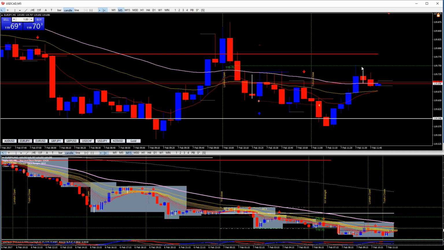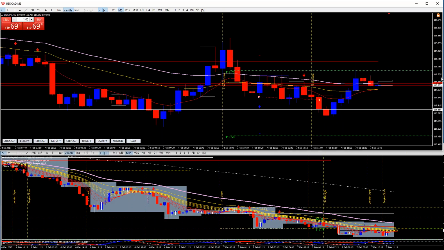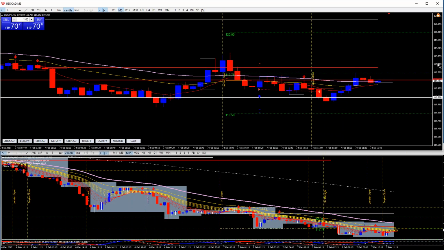Primarily, it came right up to the 75, stopped at the 75, and it's going back down. It could trade between 75 and 50 for quite a while, or between 75 and zero for a while, but we obviously know it's going to go one way.